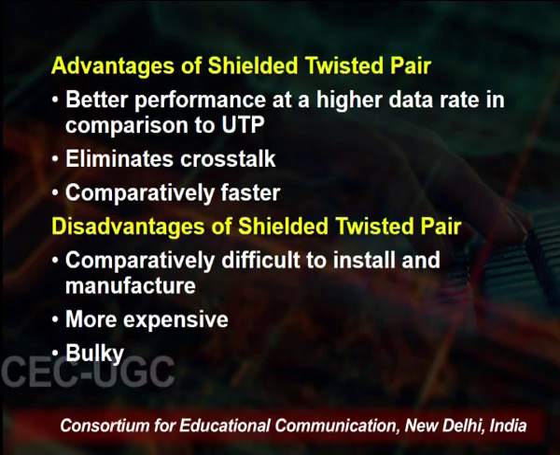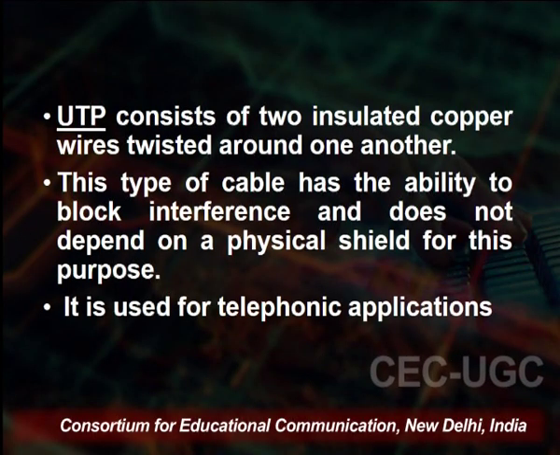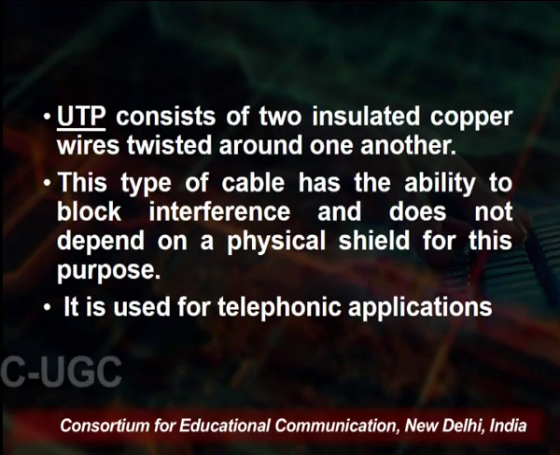Now moving on to the next type of twisted pair cable, which is UTP, unshielded twisted pair cable. It consists of two insulated copper wires twisted around one another.